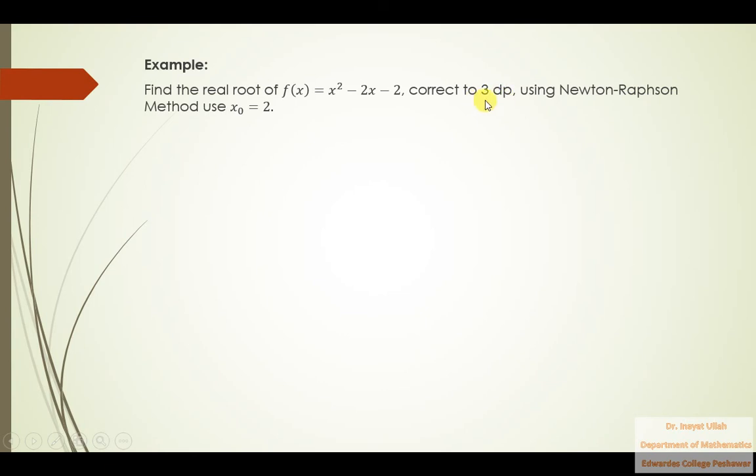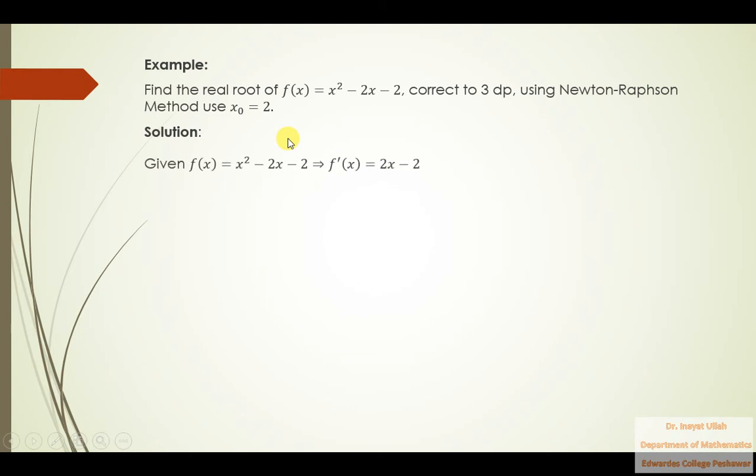Remember that. So we need to find the root of this equation up to 3 decimal places by using the Newton-Raphson method, and it is also given that x naught is equal to 2.